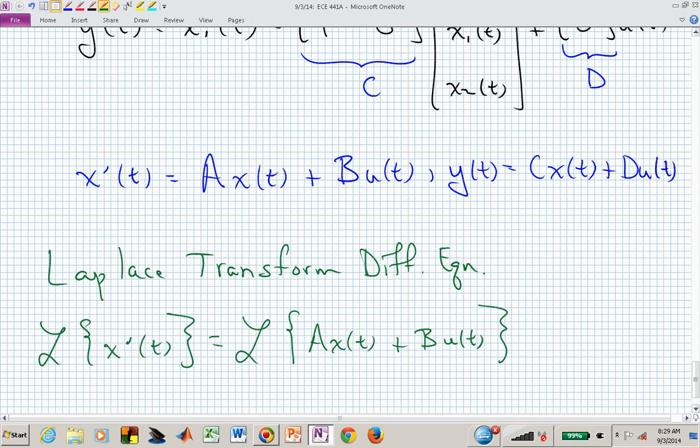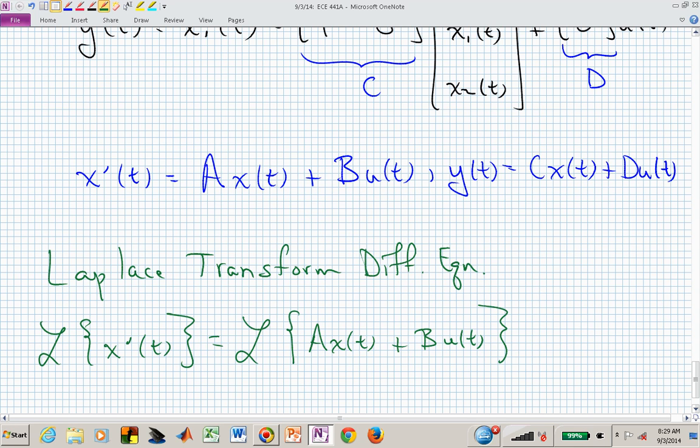Let's say Laplace transform z prime of t. What is that? What's the first half? s times Z of s, right? You just multiply by s if you have a derivative.